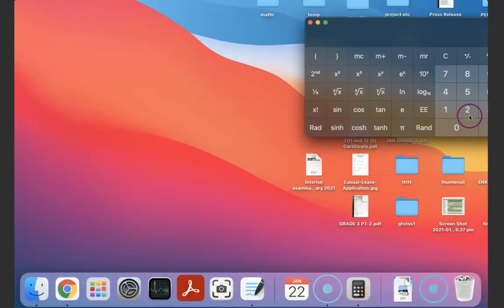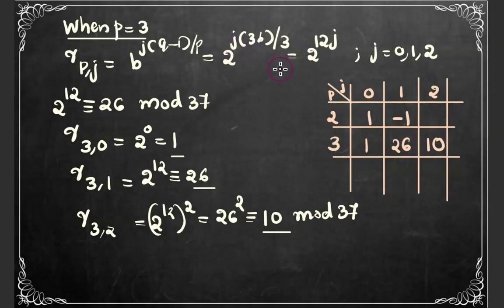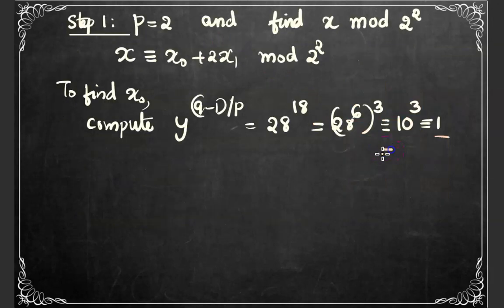Now 10 cube is congruent to 1 when reduced modulo 37. So when we compare this value 1 with the values in the table of r_2j, we can say that this is equal to r_20.